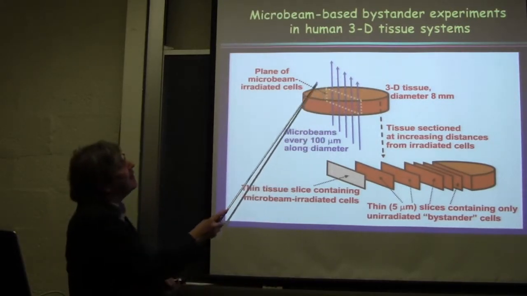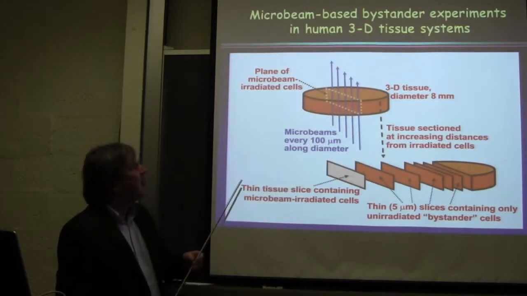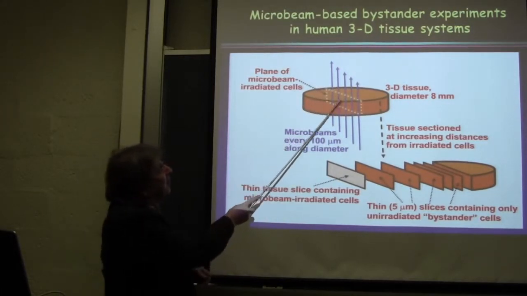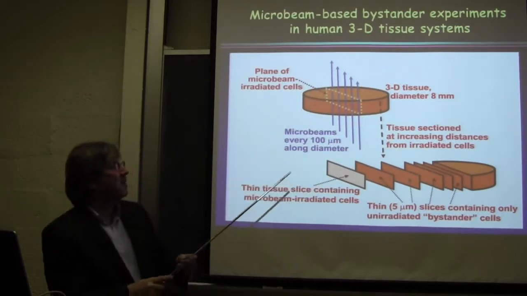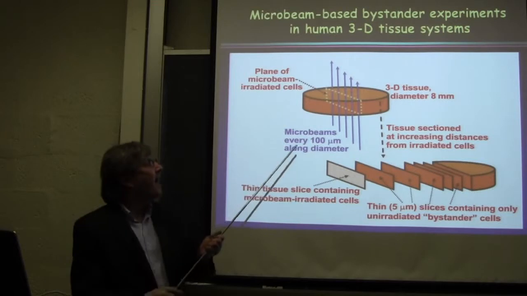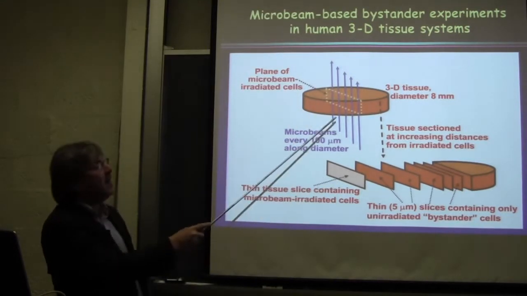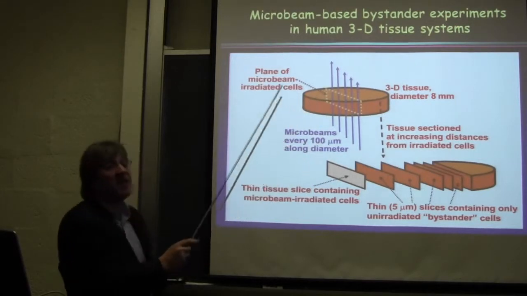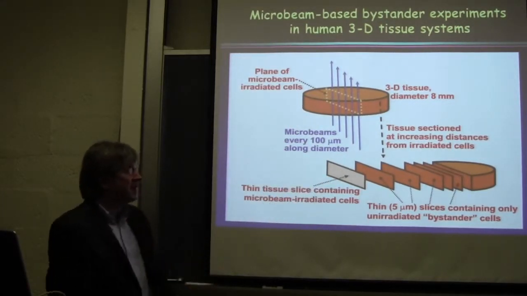So here's a little sliver of 3D tissue, 8 millimeters across. We can microbeam across one plane, across one diameter of this piece of 3D tissue. So irradiation only in this individual plane here. All the rest of the tissue has received no irradiation. Then we can section the tissue.